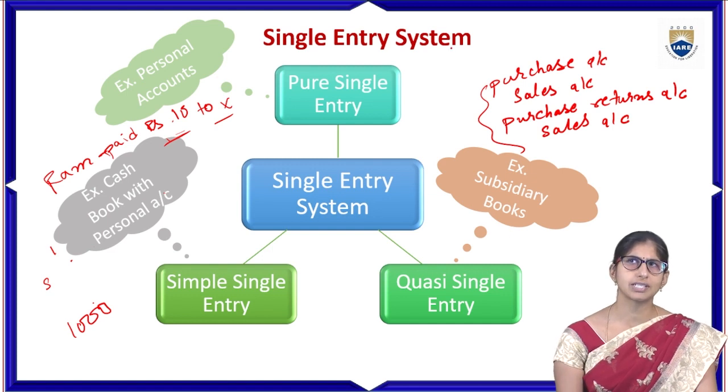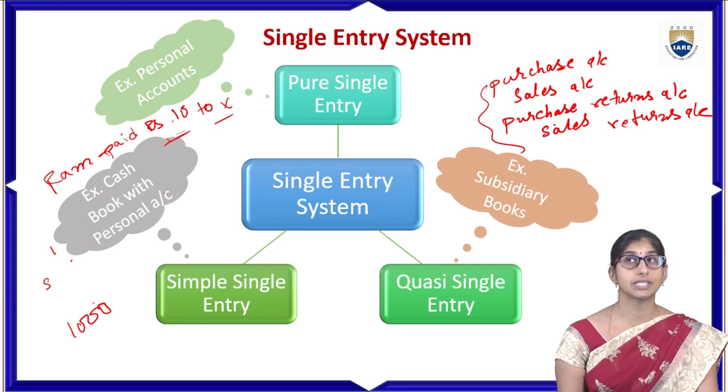So what are these: purchase account, sales account, purchase returns account, sales returns account. What are the total purchases we have made? What are the total sales we have made? What are the purchase returns we got?